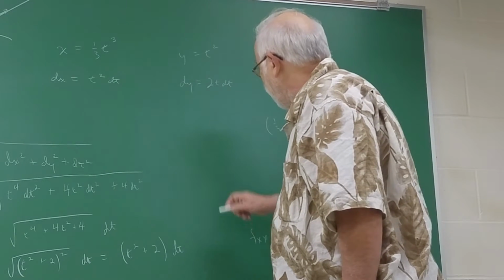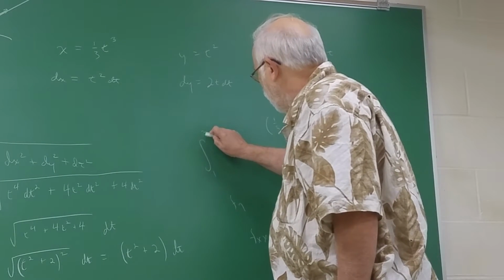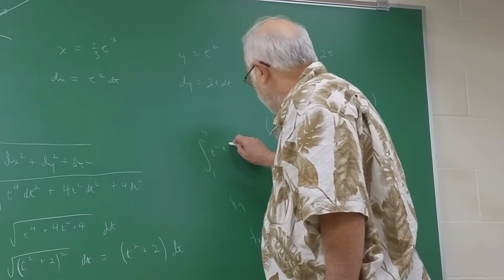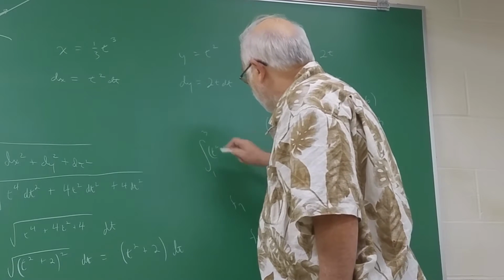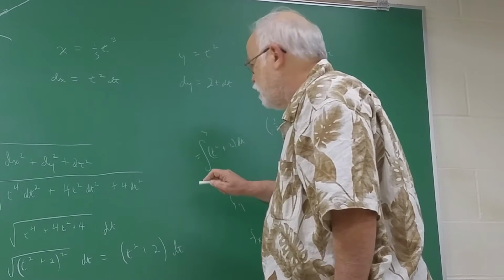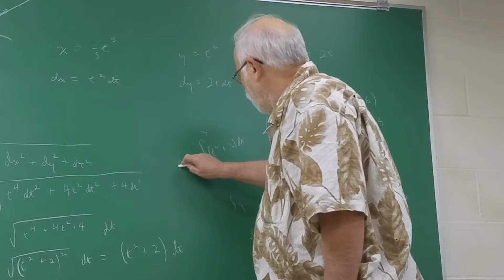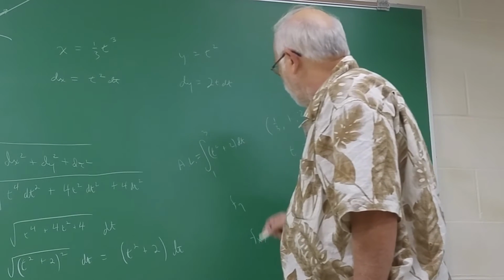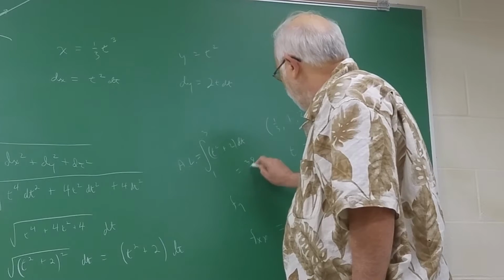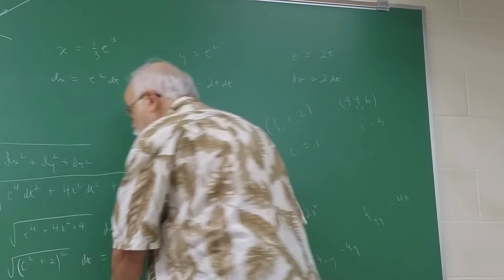So we just integrate that from 1 to 3. And get some appropriate, was it 38 thirds? Is that what it was? 38 thirds, yeah. I'll leave it to you to work that out.